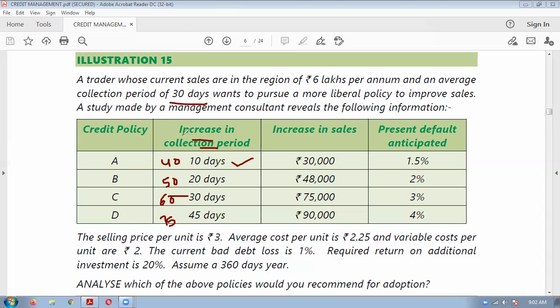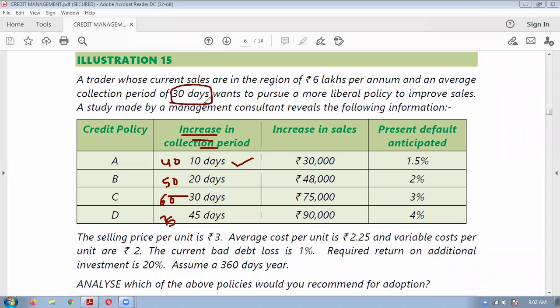Increase in collection period is given from the existing. Existing is 30. If you increase by 10 days, it will become 40. 20 days means 50. 30 means 60.